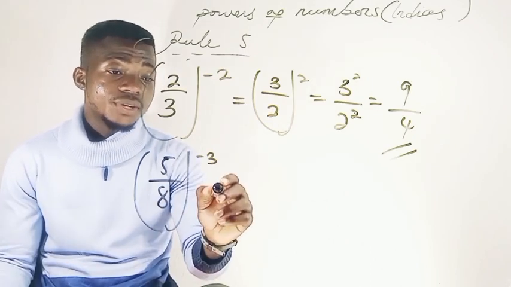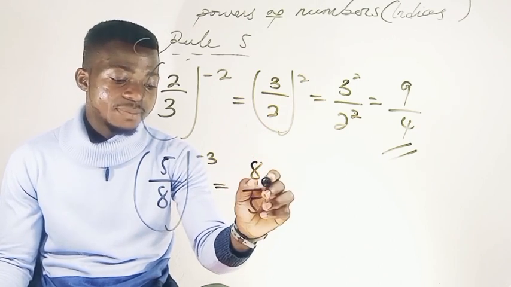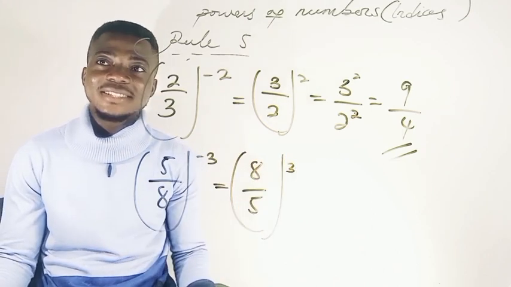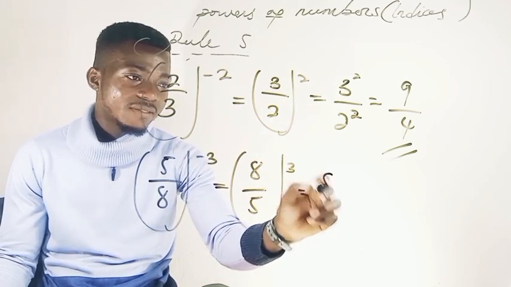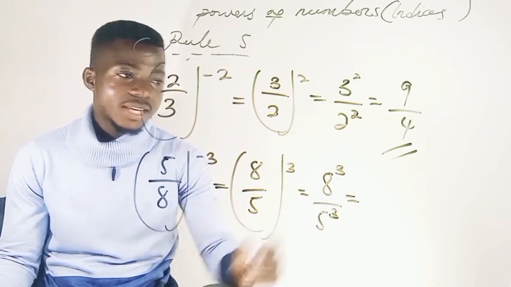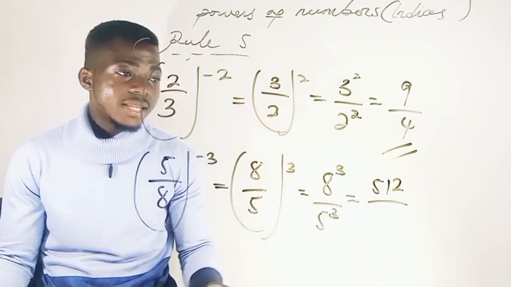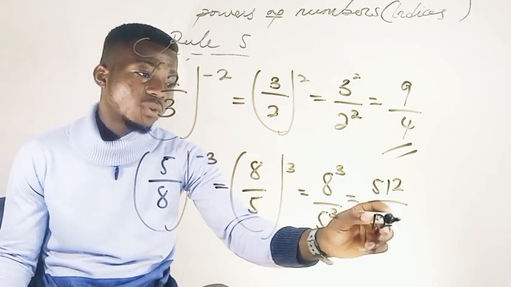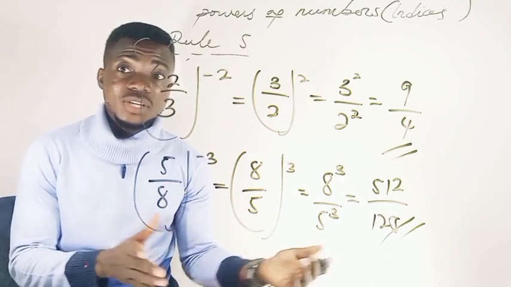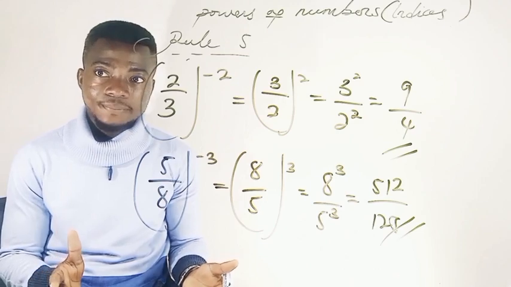So now what we're going to do is to make it 8 over 5, all exponent 3. This is going to give us 8 exponent 3 over 5 exponent 3. Now 8 exponent 3 is 512, then 5 exponent 3 is 125. So that brings us to the final answer. You can reduce that one if it's possible. That's it. Great.